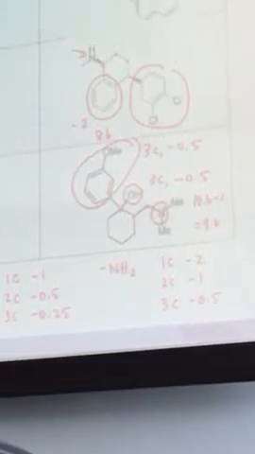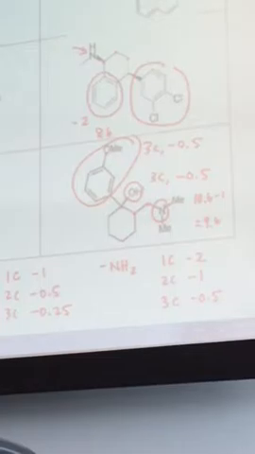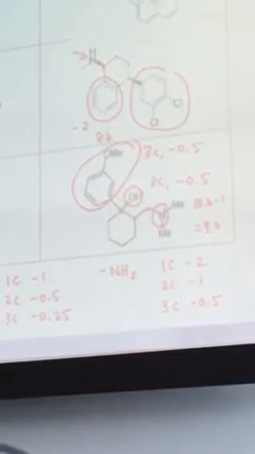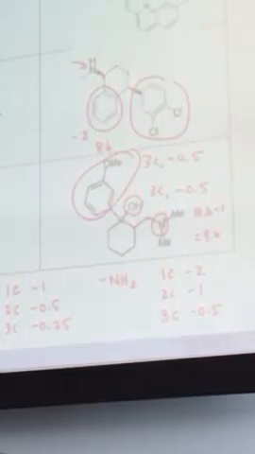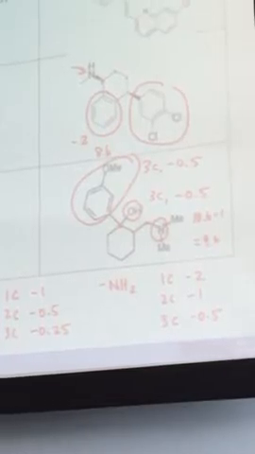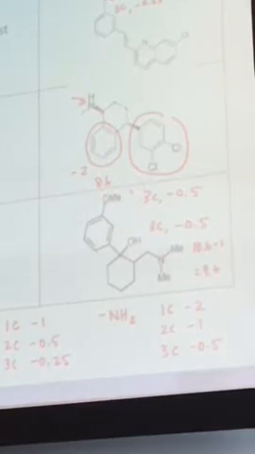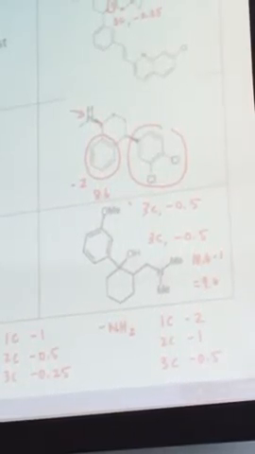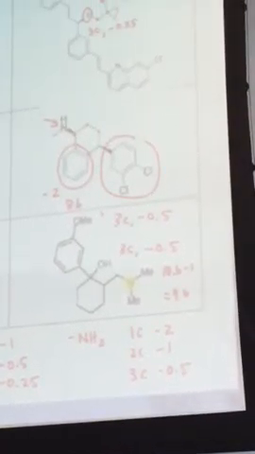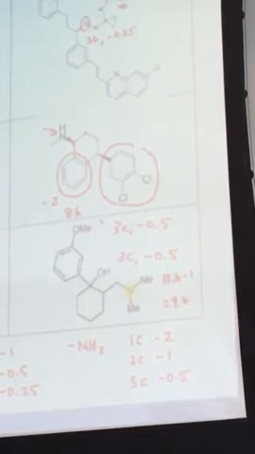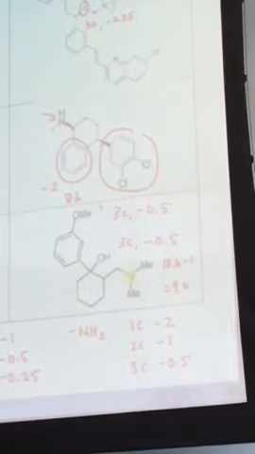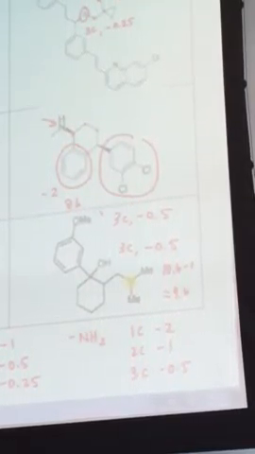Sorry, when you say the benzene 3 carbons, where do you start counting from? The OH or the nitrogen? So you start counting from the carbon next to the ionizable functional group. So in this example, this is our functional group that's ionizing. And then this is 1 carbon. Screen is horrible.